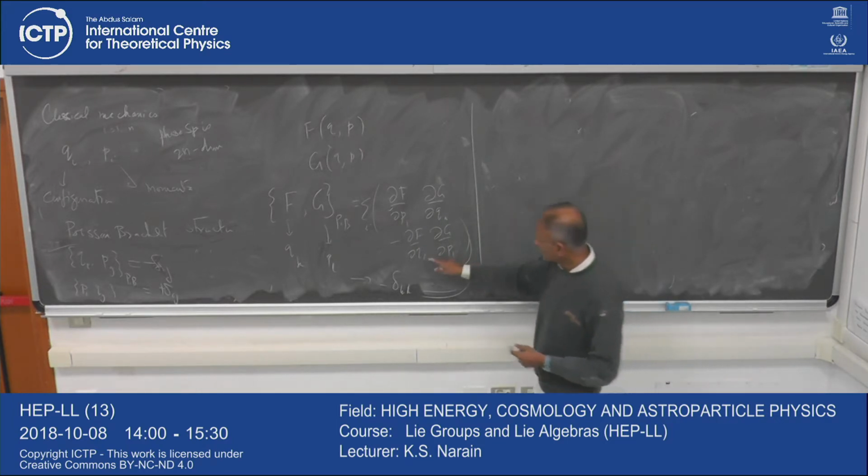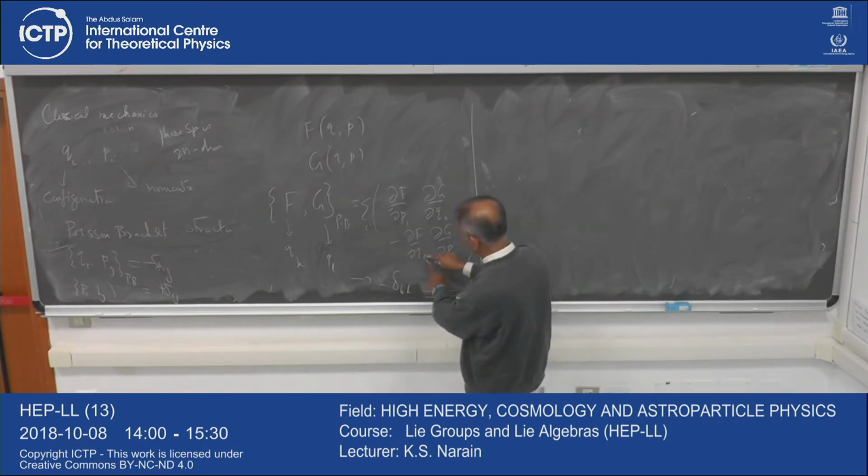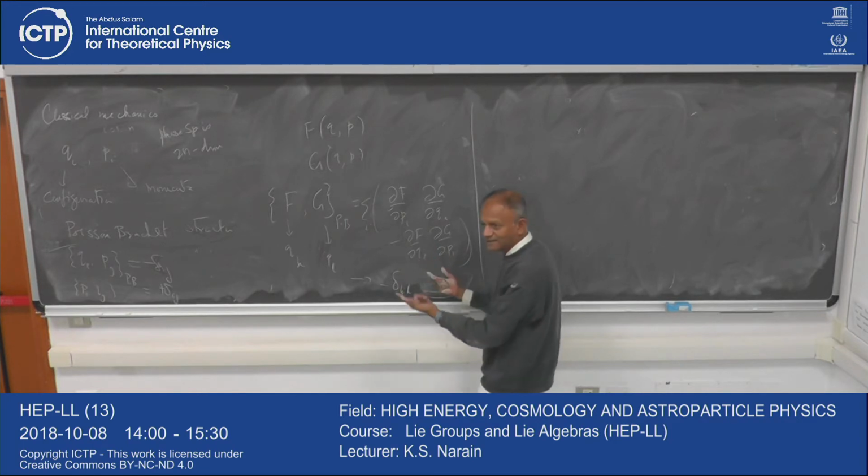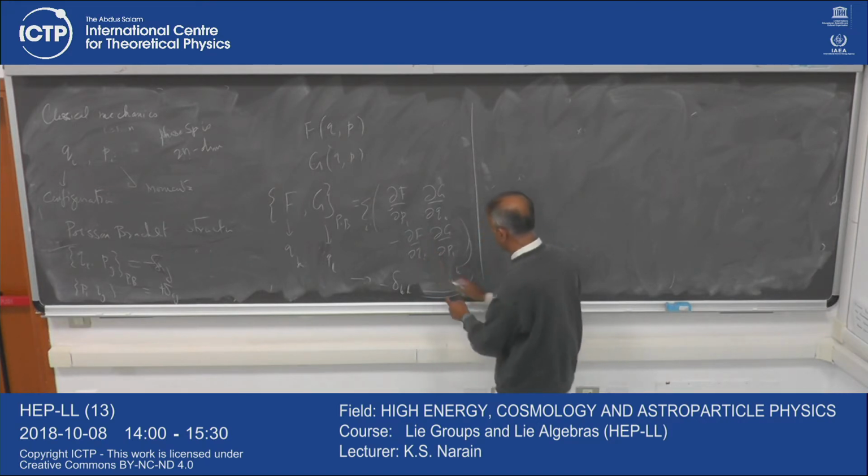I mean, you have a sum over i. But since f is qk, the only time this will give you non-zero is when i is equal to k. And that is 1. dqk divided by dqi is delta ik. So this will be delta ik, first term, minus here.